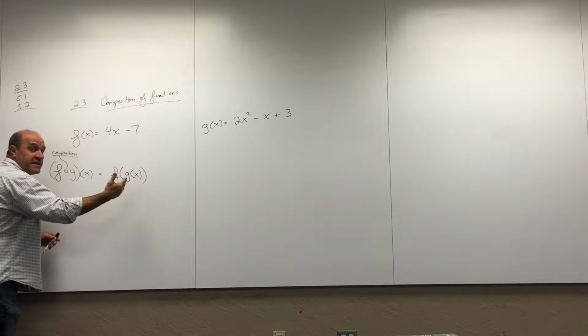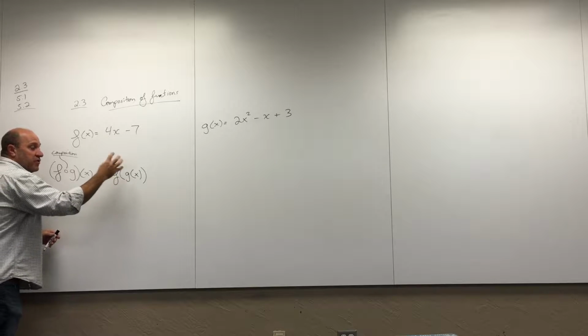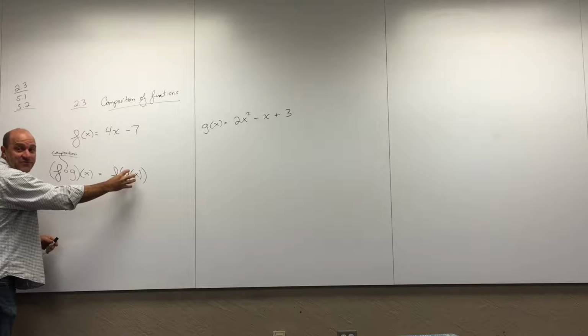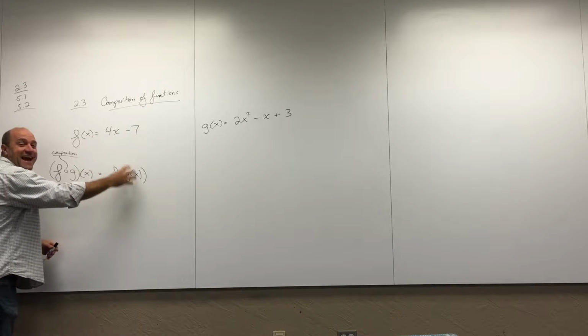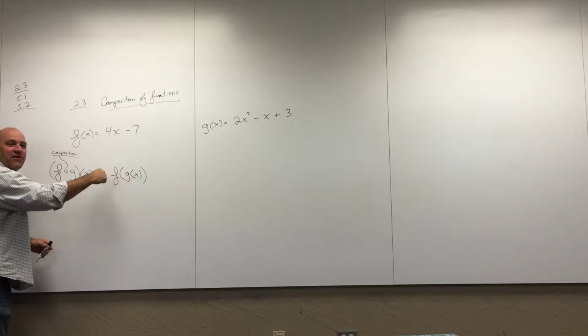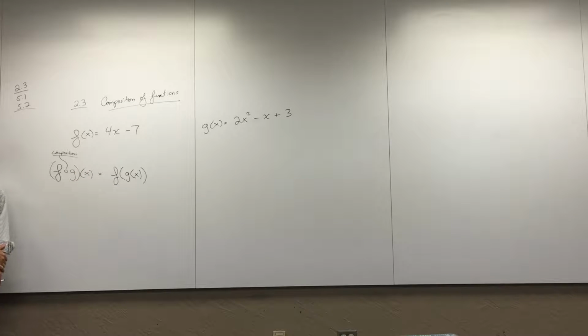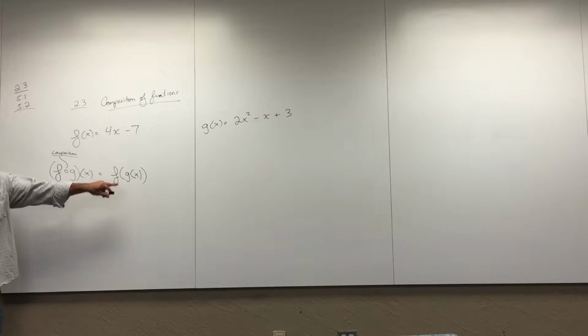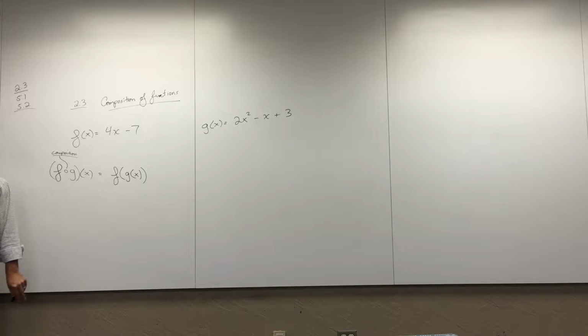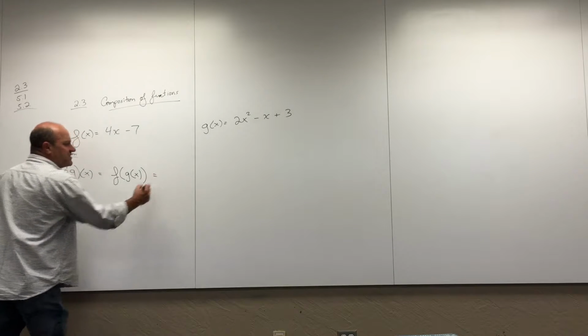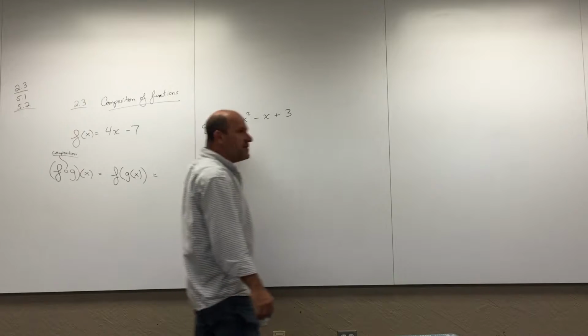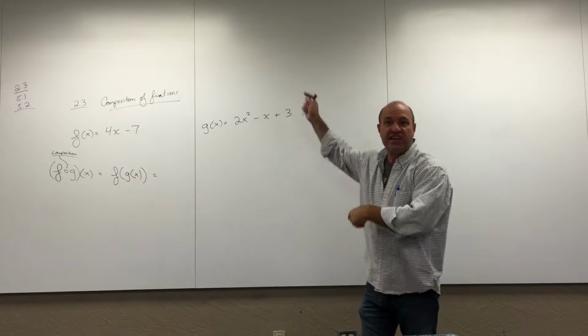This says, plug the entire g function into the f function. If you understand a little bit of math notation and function notation, like we've been working with this semester, then you understand that. That says plug g into f. It's kind of strange, but you grab the entire g function and stick it into f.